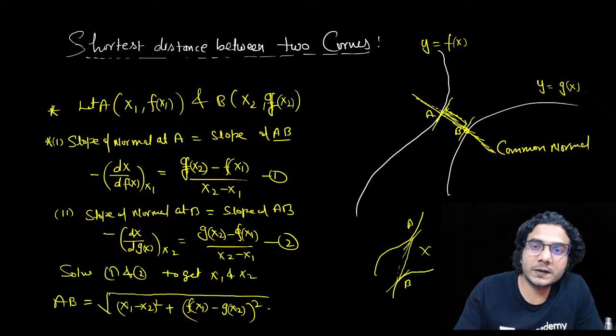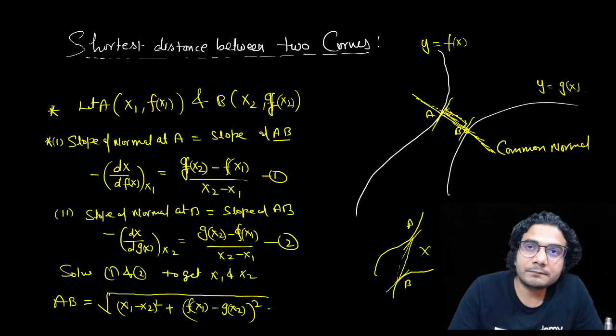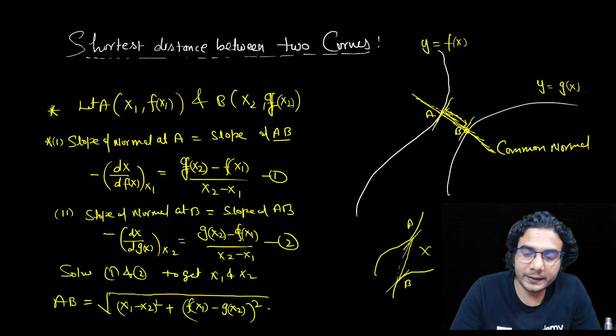Three types of questions are generally asked. One is if one of the curves is a straight line and the other is any other curve, that is the extremely easy case. Second is a circle and some other curve, which will again reduce some calculation if one of the curves is a circle. And third is two standard curves.